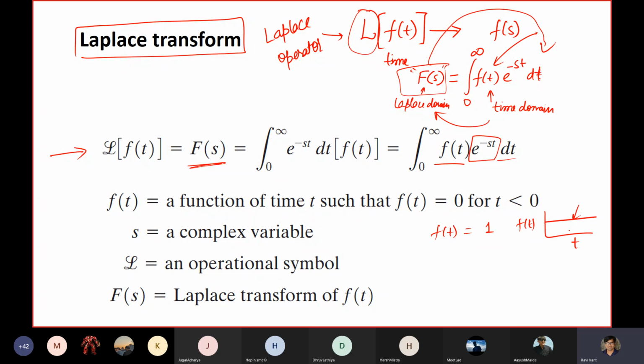Now I want to transform this into Laplace domain. So I integrate my f(t) with e to the power minus st dt from 0 to infinity. Instead of f(t), write 1: 1 times e to the power minus st dt, and if you do the integration properly, you will get 1 upon s. Simple.